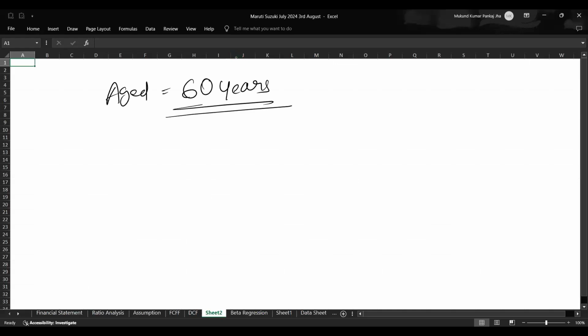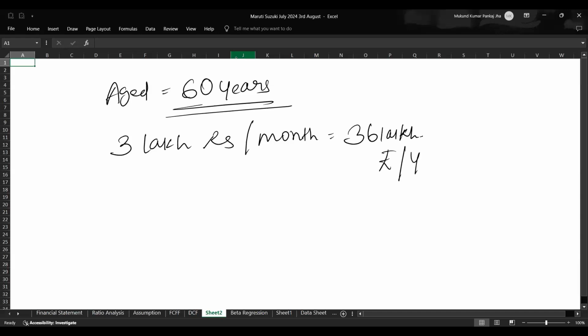Based on his assumption, when he retires at the age of 60, his monthly expense considering inflation would be 3 lakh rupees per month. That is 36 lakh rupees per year.